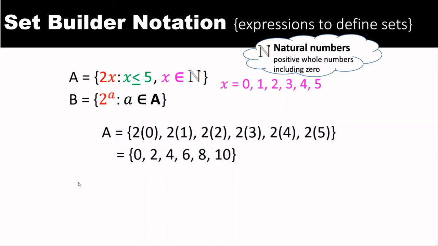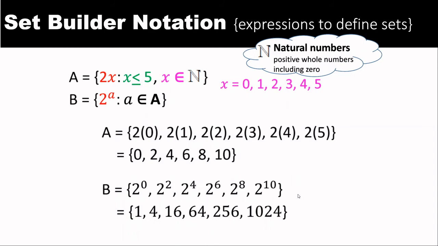That means that set B includes the values 2 to the power of 0, 2 to the power of 2, 2 to the power of 4, 2 to the power of 6, 2 to the power of 8, and 2 to the power of 10, which we can calculate to be the numbers 1, 4, 16, 64, 256, and 1024.